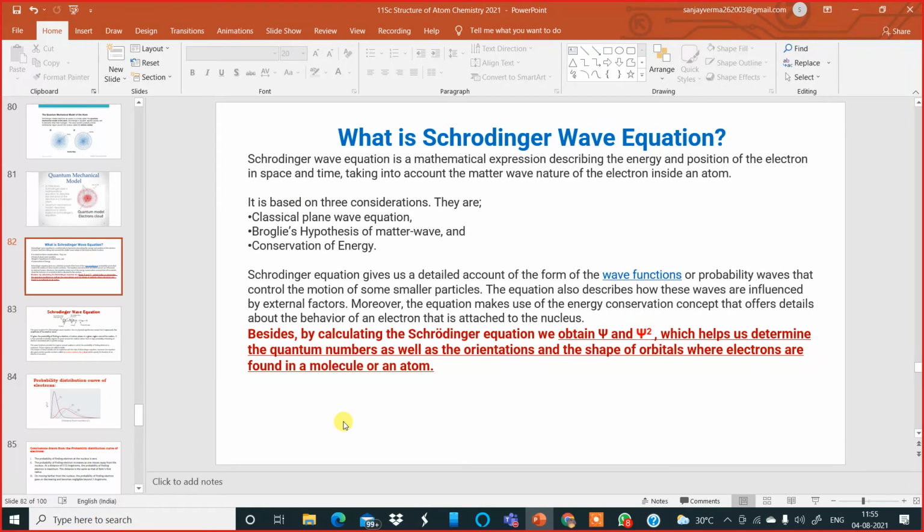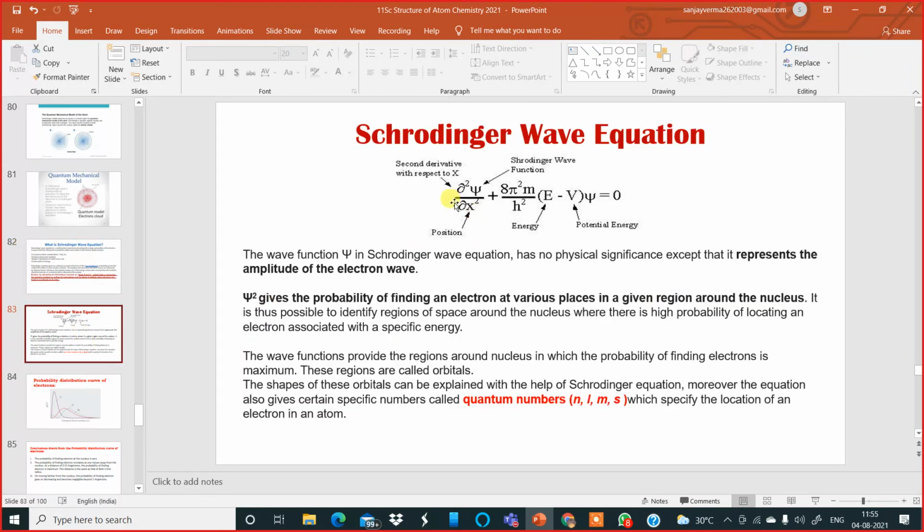If we solve this Schrodinger equation mathematically using higher mathematics, we get to know about the different quantum numbers, namely the principal quantum number, azimuthal quantum number, magnetic quantum number, and spin quantum number. Now, looking at this slide, you can understand the wave function which is called psi.